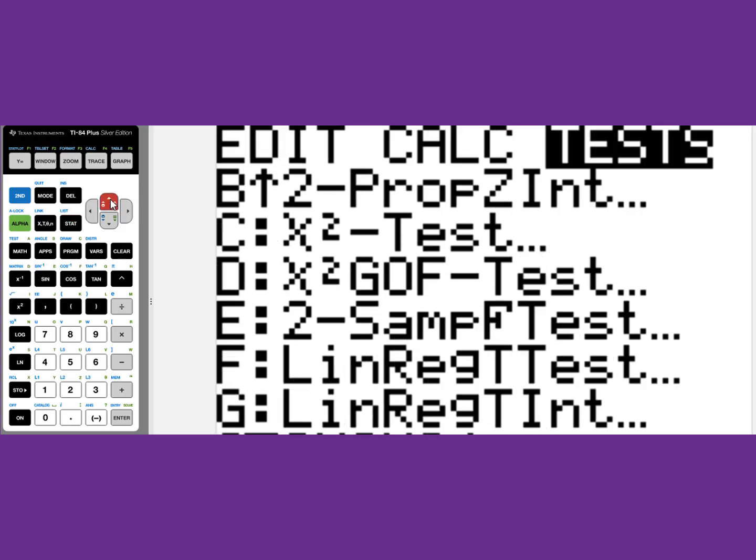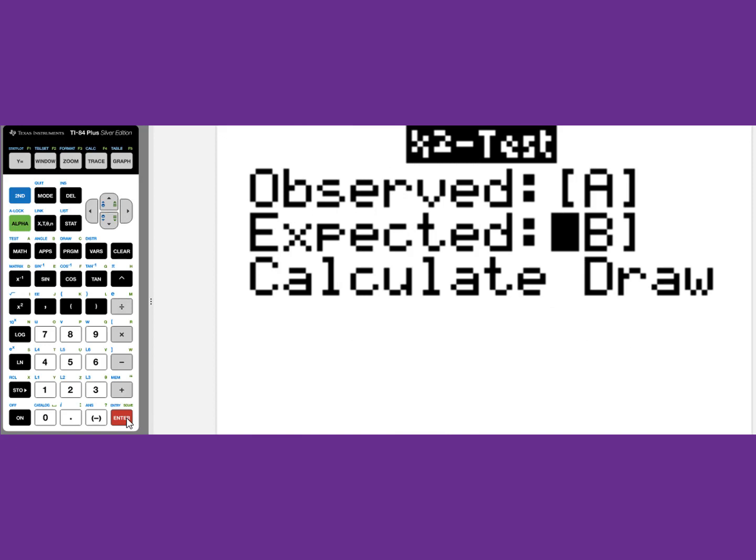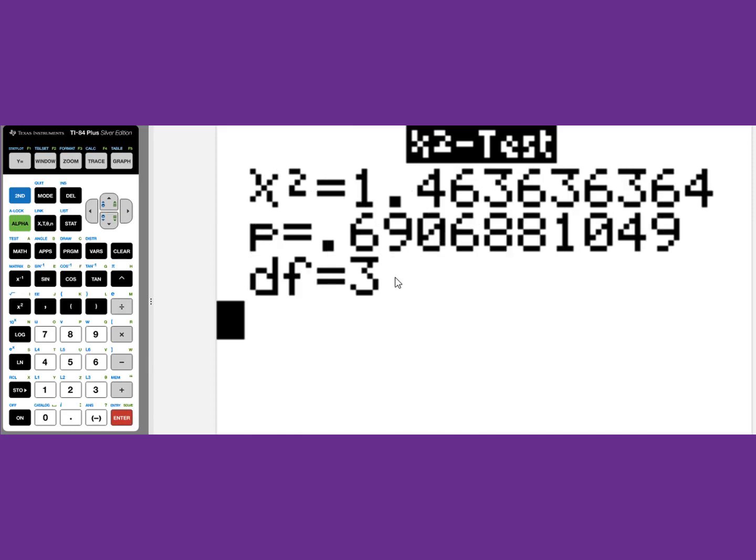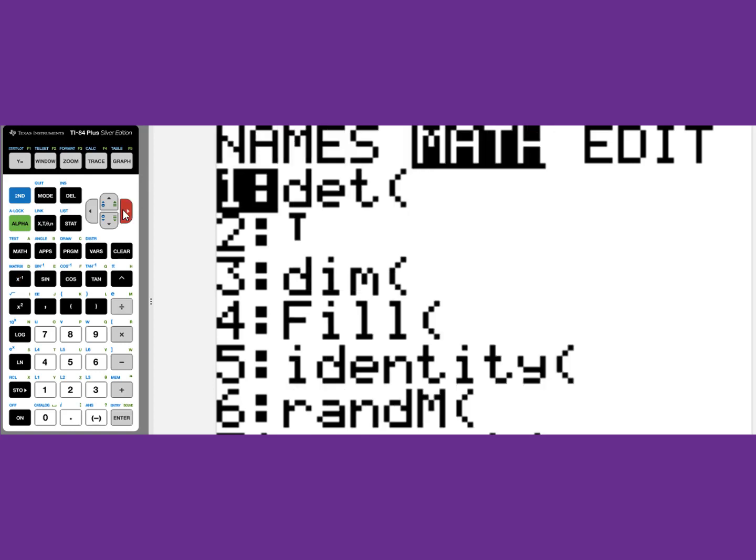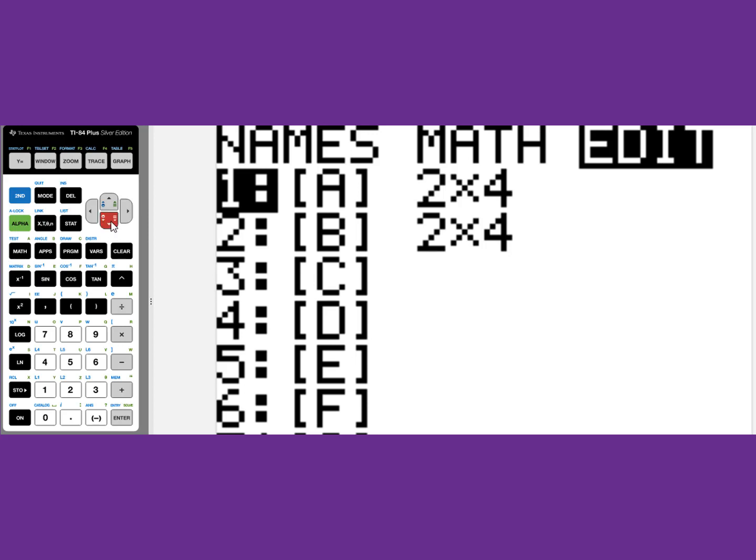upper arrow, then go to chi-square test. We press enter, enter, enter. That's the chi-square value, and also you have the p-value. If you go back here, second x to the negative first power to get the matrix, you could see the expected value.